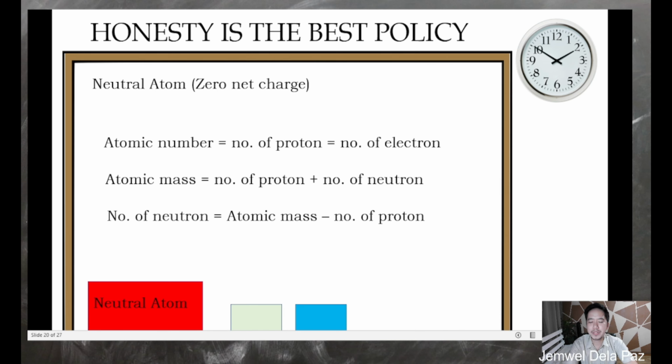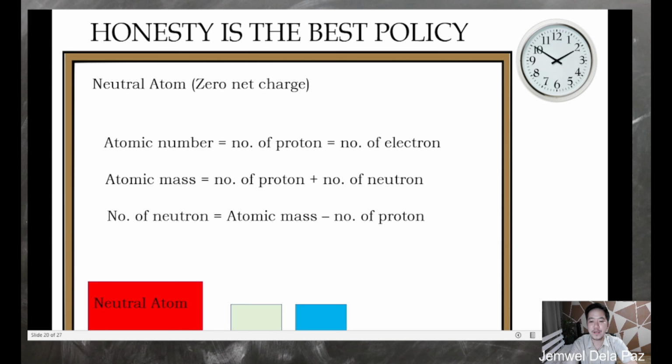To determine the number of subatomic particles of a neutral atom, you have to take note of these three important things. Number 1. The atomic number of a neutral atom is equal to the number of protons and the number of electrons.